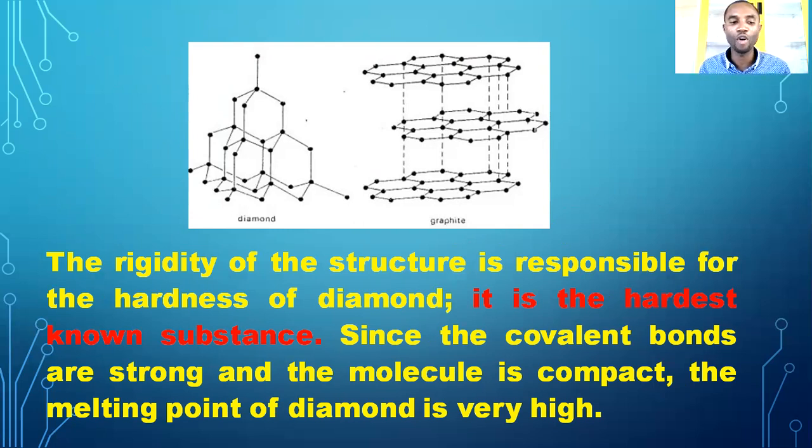Since the covalent bonds are strong and the molecule is compact, diamond has a very high melting point. It is the hardest known substance. The diamond structure is on the left hand side, and graphite is on the right hand side.